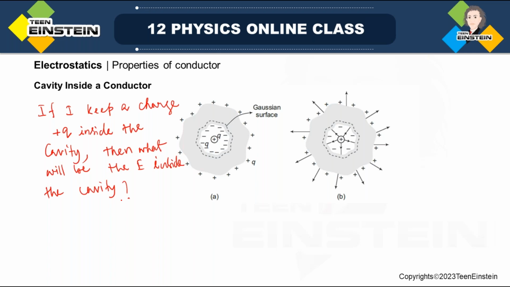We can apply Gauss's law to find out the electric field inside the cavity.